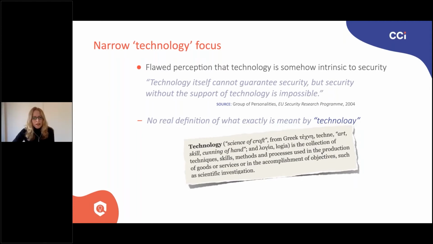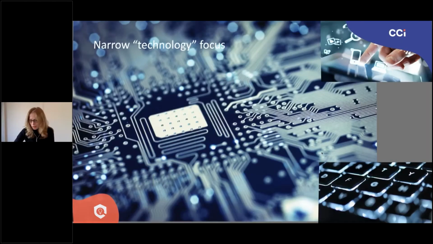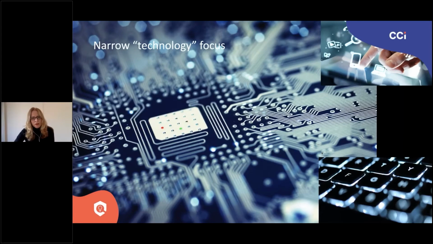It can encompass a whole range of things, from techniques to skills to methods, processes, services or goods. So it doesn't have to be narrowly defined. What we see in the European Security Research Programme is that the focus is very much on the software and on the hardware, basically on the things that seem to go beep, for that type of research.